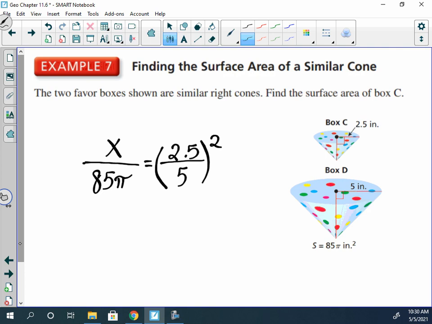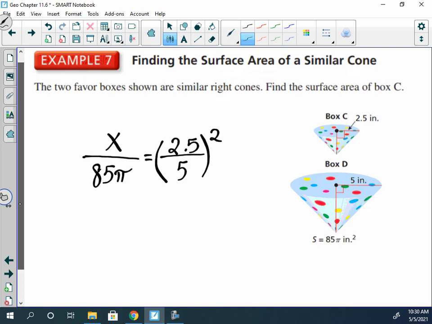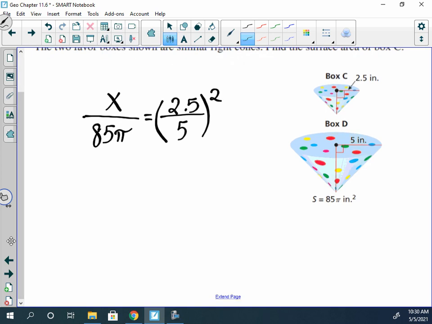Any questions on how we set this up? Are we good with this so far? Then what would we do next?